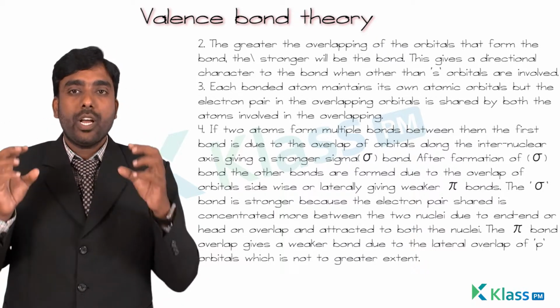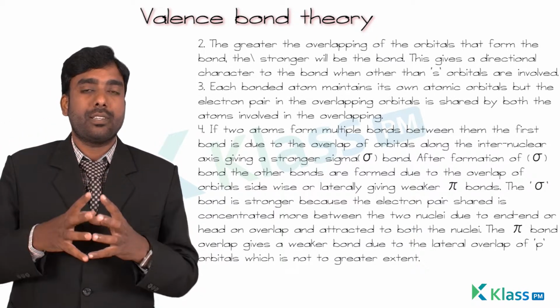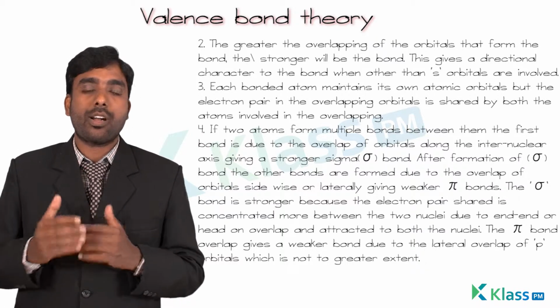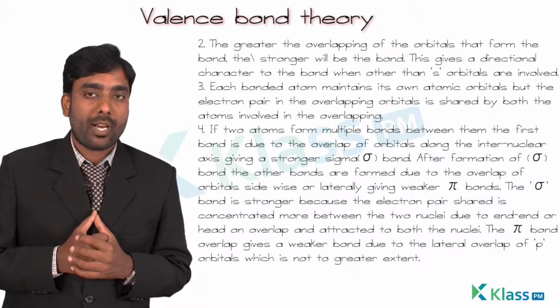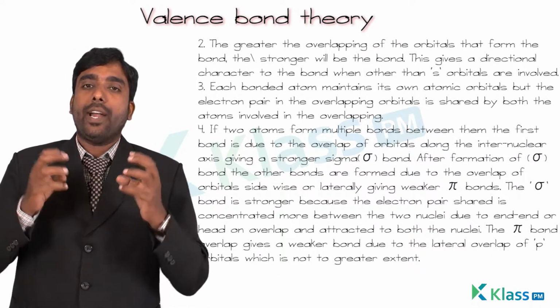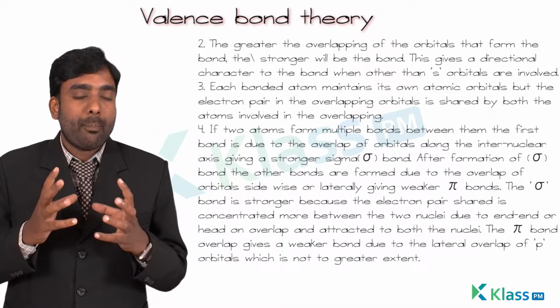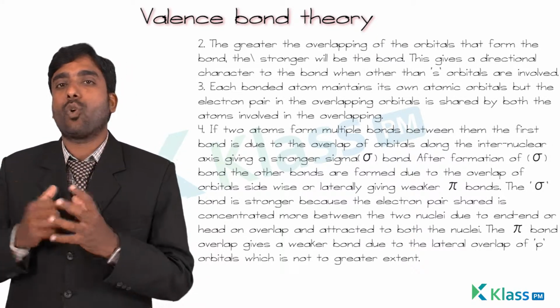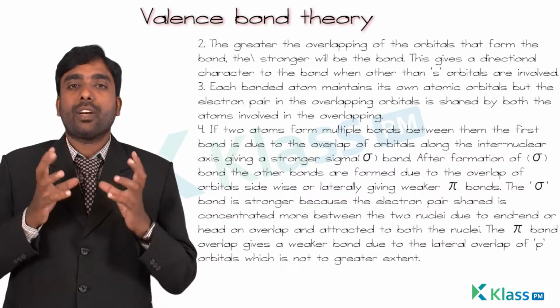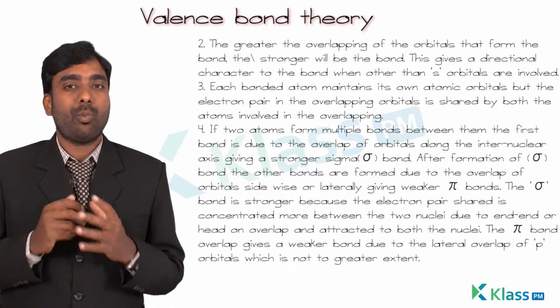If overlapping occurs along the internuclear axis, that is end-to-end overlap, we will call it. And if the bond is formed by end-to-end overlap, the bond is called a sigma bond. Okay, the first bond is always a sigma bond.